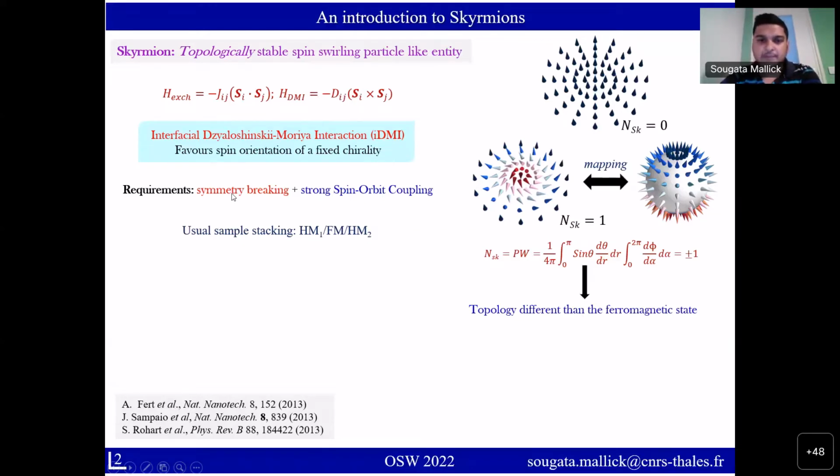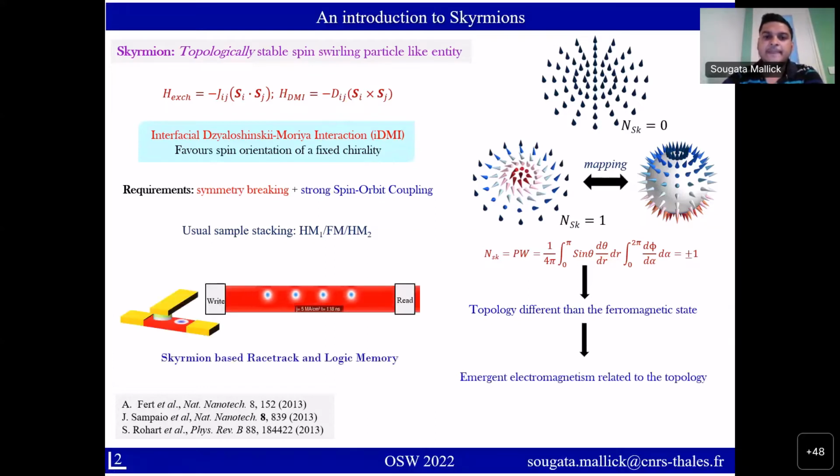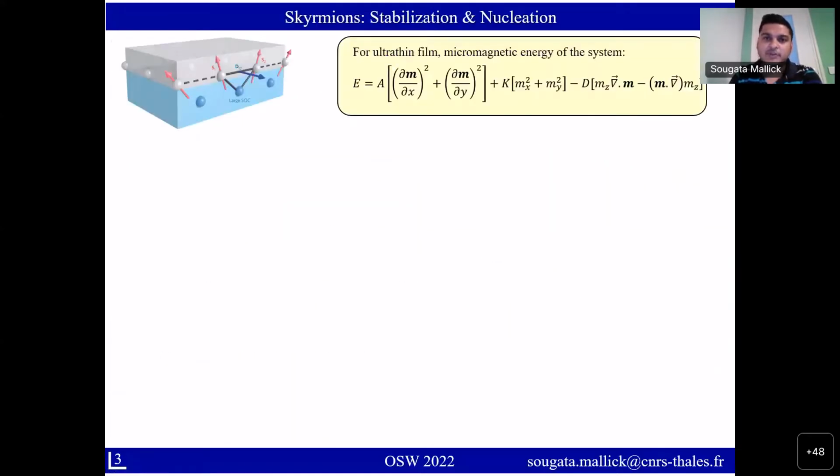The usual sample structure we use is to put the ferromagnet on top of a heavy metal and then cap it with a different heavy metal to have the structural asymmetry in the vertical direction of the sample. These skyrmions are useful because they are topologically protected, and that is why you can have many emergent electromagnetic phenomena related to their topology. You can also use them in skyrmion-based racetrack and logic memory devices, as Naveen introduced in the previous talk.